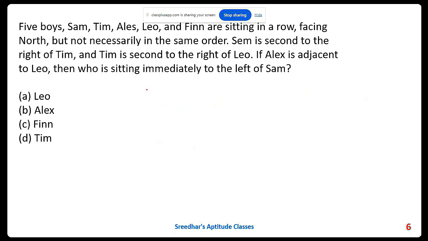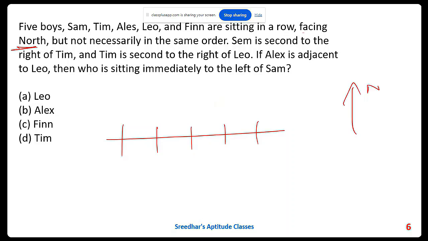Okay, right. So five friends are sitting in a row facing north. So five positions, 1, 2, 3, 4, 5, and they're all facing north. Sam is second to the right of Tim, and Tim is second to the right of Leo.